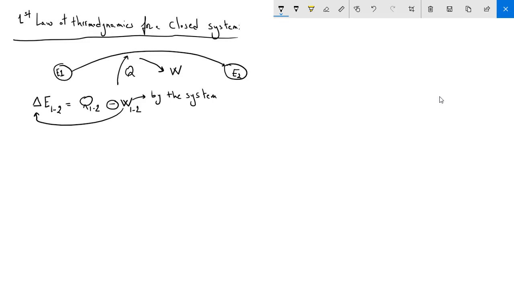So the work done by the system will decrease the energy of the system. So that's why we have the minus sign, minus work.